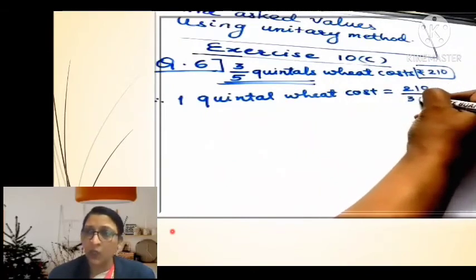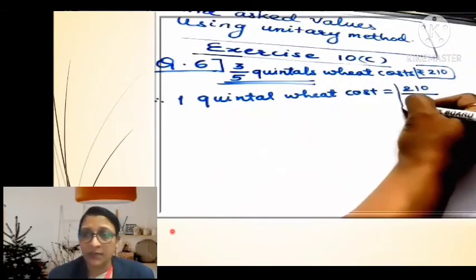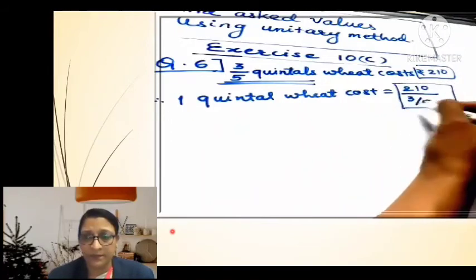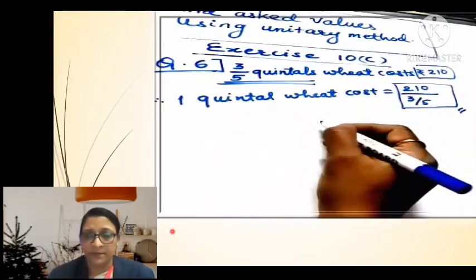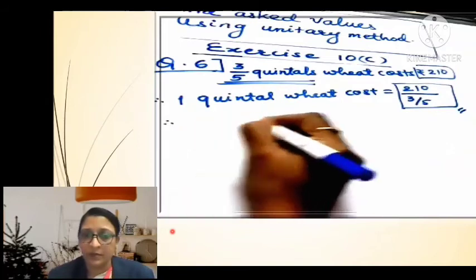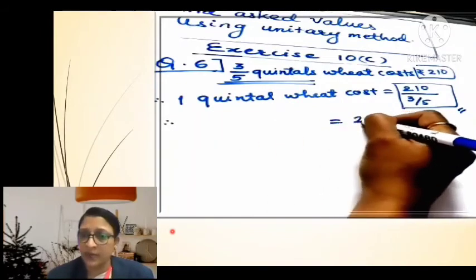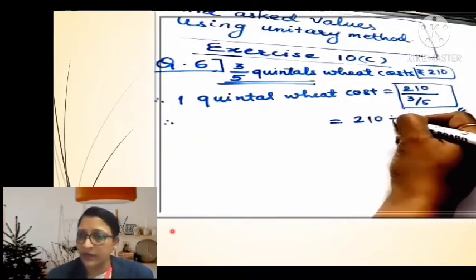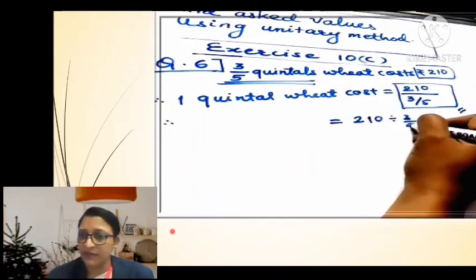So we'll write here 210 divided by 3 by 5. So let us calculate this. 210 divided by 3 by 5.